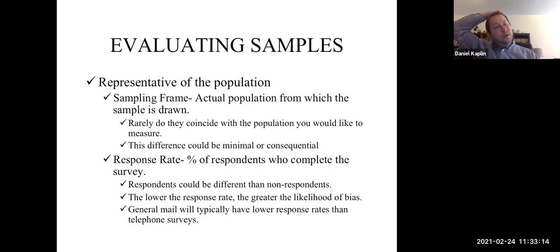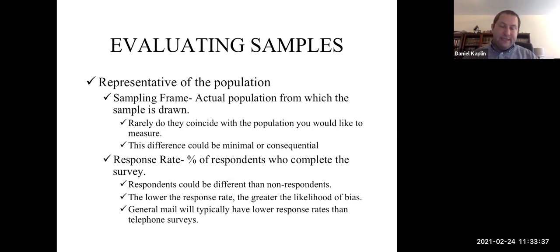Now, when we think about samples and populations, I said it's very, very important that you have a representative sample. A representative sample means that all the essential characteristics of the population are also in the sample.